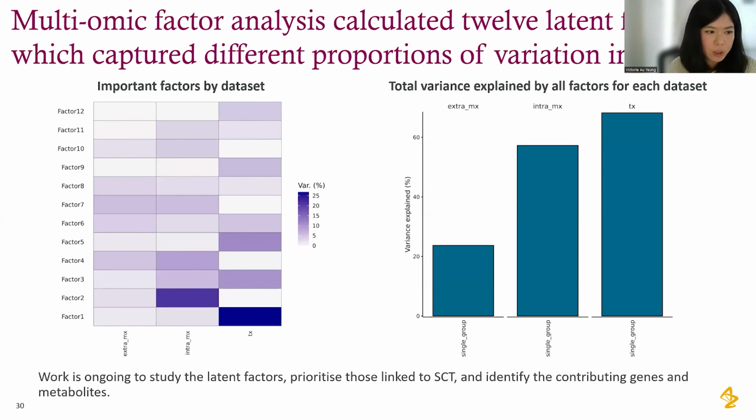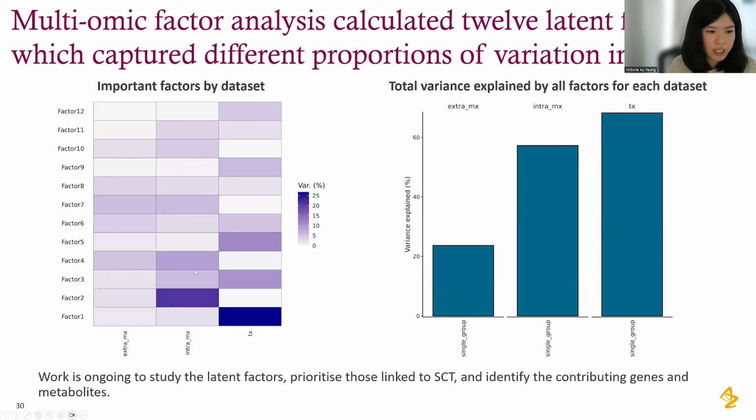So when we look at multi-omic factor analysis, we specify, given the size of our data set, that we would like 12 latent factors to be calculated. And one of the things we need to assess is how much of the variation in each of the data sets do these factors explain. So for example, in this preliminary data we have here, factor 1 explains quite a lot of variation in the transcriptomic data set, but not as much in the intracellular metabolome or the extracellular metabolome.